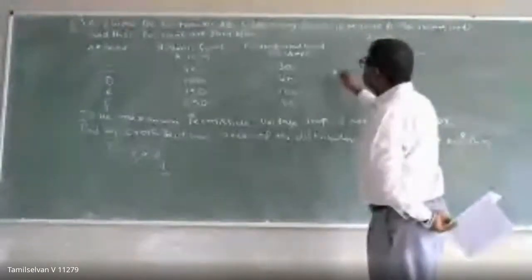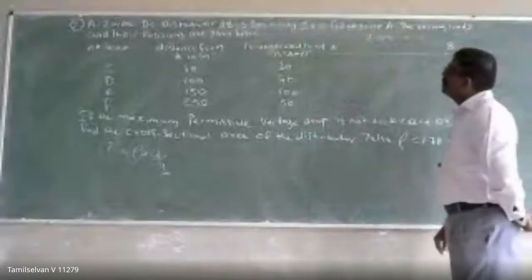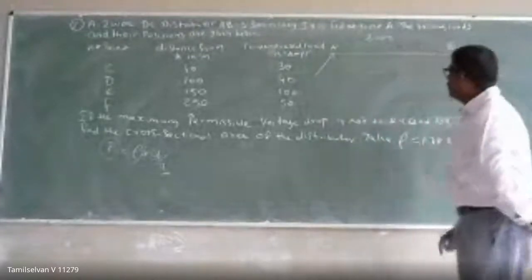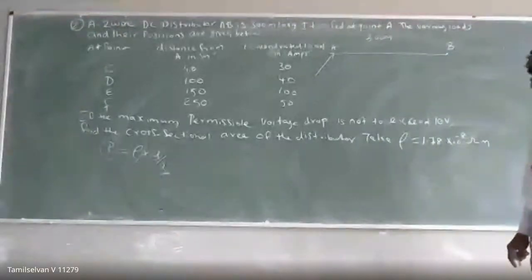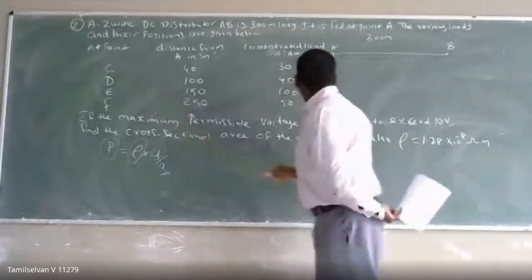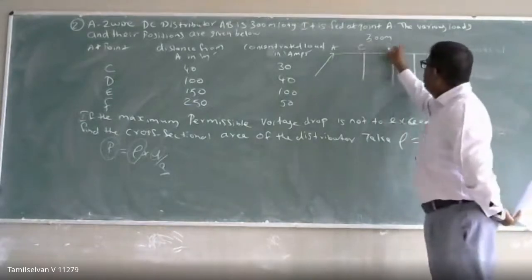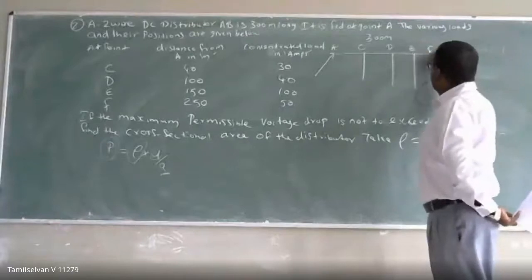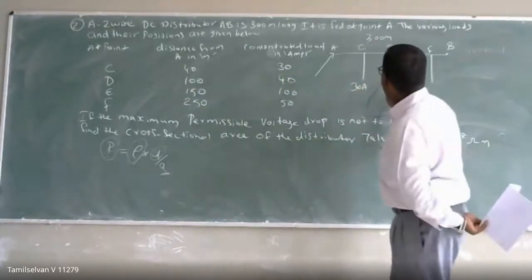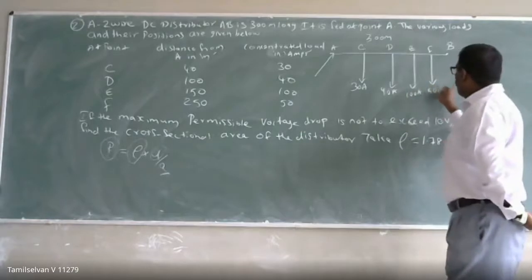This point is A and this point is B, and the feeding point is A. Then the points C, D, E, F. C has a tap load of 30 ampere, then 40 ampere, then 100 ampere, and 50 ampere.